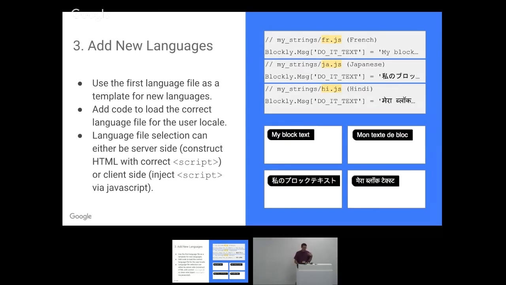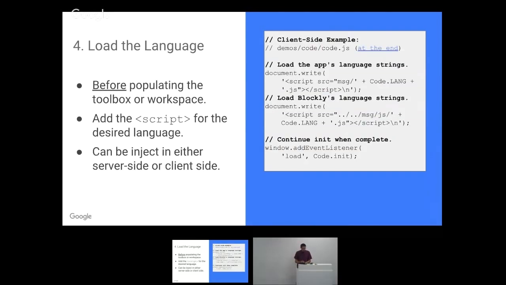So this means that on the client side or the server side, you have to select which script gets loaded in. It's not ideal. I'll talk about some alternatives in the future, but we do have at least one example of how to do this on the client side.